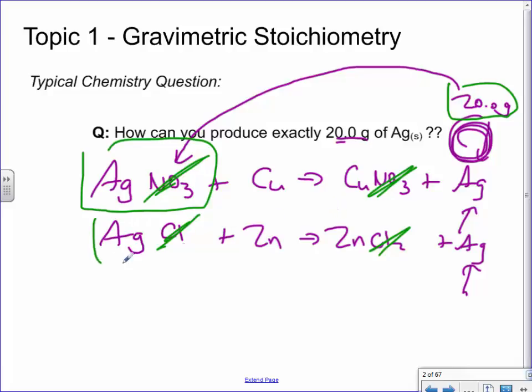If I don't have silver chloride, then find something else. And then the way you'd do it is you'd take 20 grams of this, you'd divide by silver's molar mass, you'd use the ratios in front to figure out how much of this you'd need, and then you'd reuse a molar mass to get grams. And now you'd know how Walter White in Breaking Bad is able to predict exactly what to start with, so that if he knows exactly what he's starting with, he can then tell you how much exactly he's going to finish with.